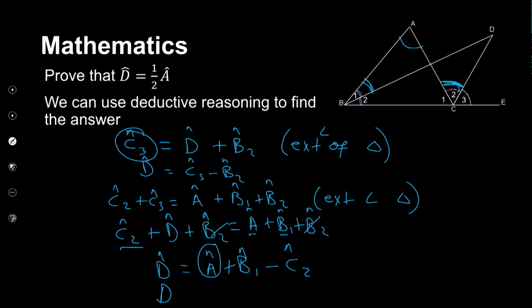So therefore this will be D is equal to half of A, based on the fact that these two angles, remember the deductive reasoning, if I subtract them from those two angles, it will be like half of that, which is this one here. And that's how I can then talk about these particular angles.